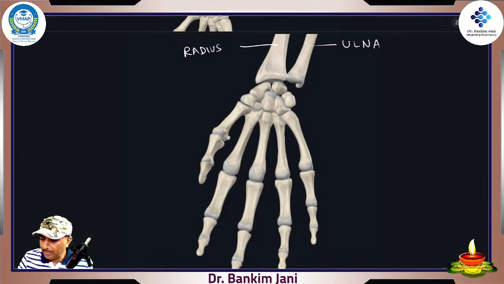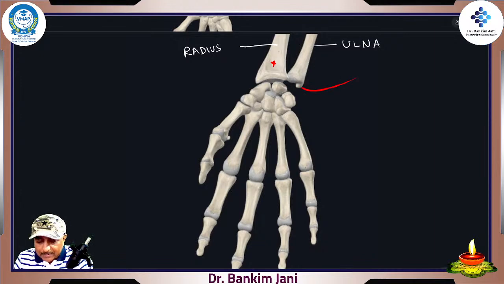It is at this point that we take the pulse, because this is quite a flat surface, and the radial artery is passing over it. When we press on the back side, there is bone, which gives the support, and then we take the pulse.